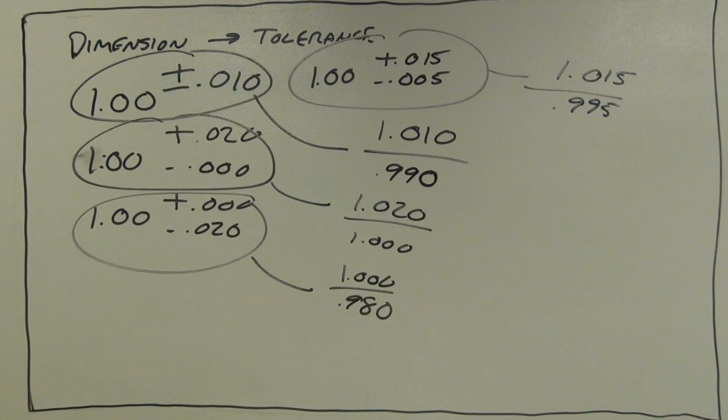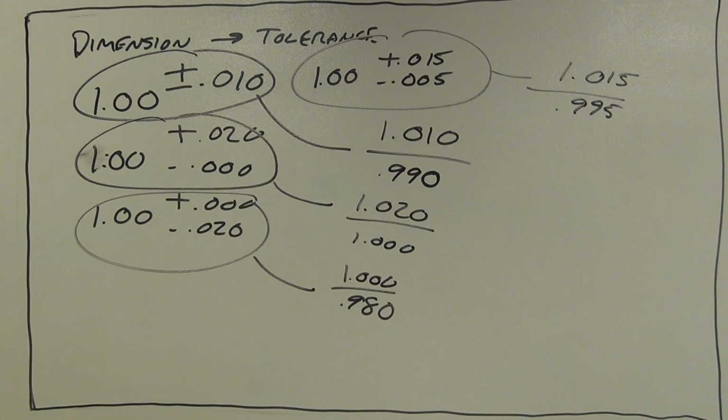Okay, so I've now converted with some very straightforward arithmetic each one of those different forms into the equivalent limit form. Now let's look at those limits. Are they the same? Well, no, clearly they're not. Each one of them has a different upper limit. Each one of them has a different lower limit. So as much as they look the same, they all start out with a 1-inch dimension, and they all have a total of 20 thousandths tolerance range.